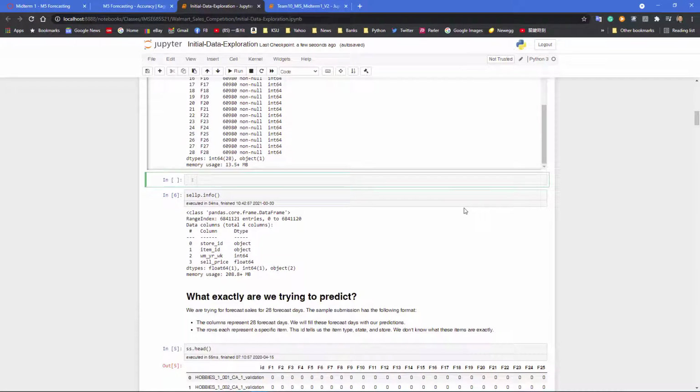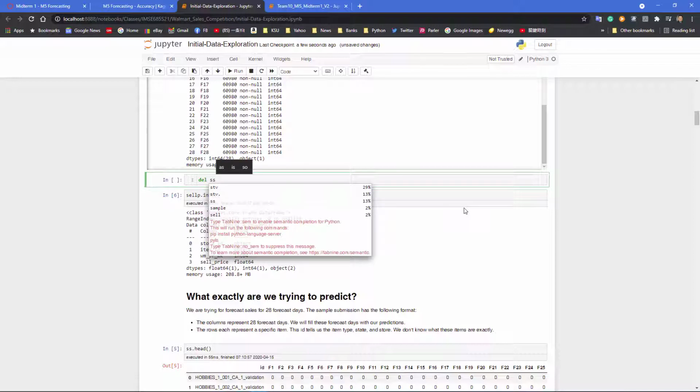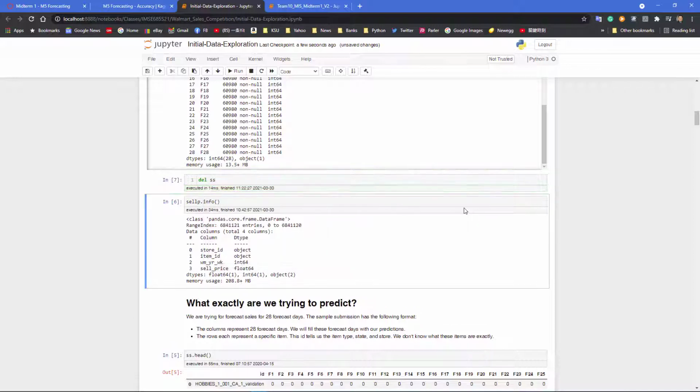I'm adding this, just say delete SS. Okay? And execute. It will remove that data frame from your memory, so you freed up more memory for your further analysis. Otherwise, in homework, you always copy one data frame to another to perform analysis.